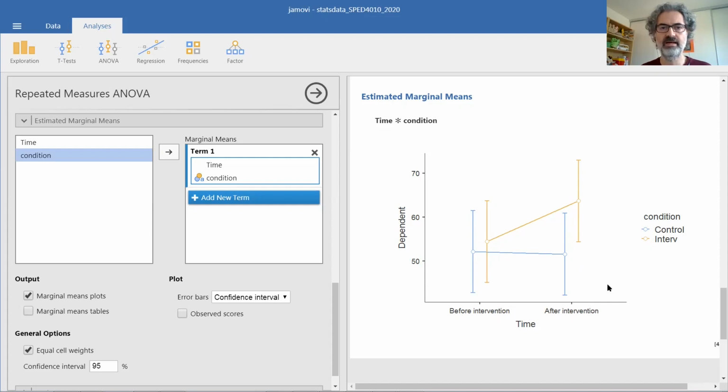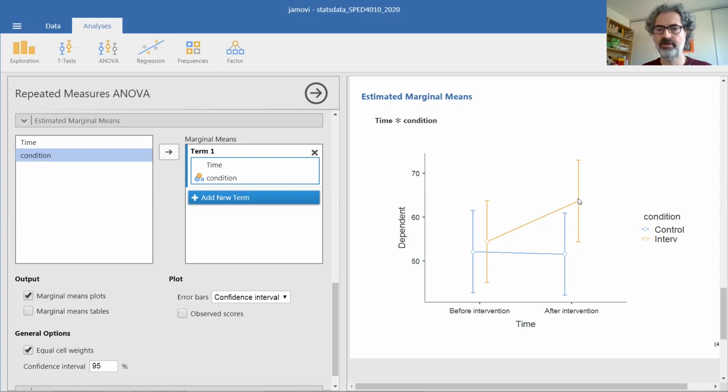Or you can say that the effect of time is not the same in the two groups. The effect of time in the control group is no effect. The effect of time in the intervention group looks like a positive effect, looks like an increase. So that's what the interaction means, but we don't know which of these points are different.